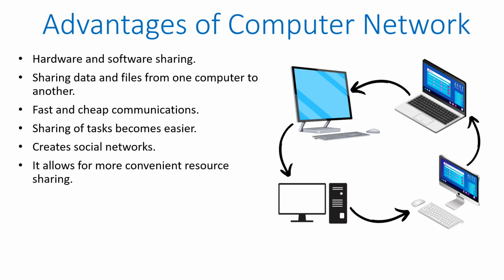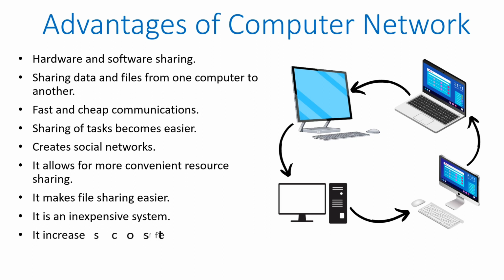And the next advantage is it makes file sharing easier. We can easily share the files over the network. Similarly, it is an inexpensive system. It is the system where communication cost is very low. And the next one is it increases the cost efficiency, as it is an inexpensive or cheaper system, so it increases the cost efficiency.